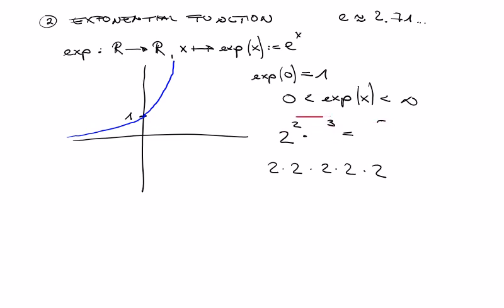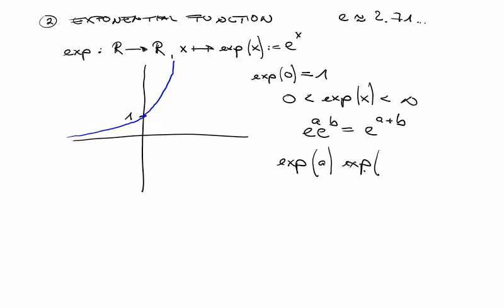And this logic also applies to the exponential function, which means that if you have, for example, e to the power of a times e to the power of b, this actually evaluates to e to the power of a plus b, and just rewritten in terms of the other way to write the exponential function, this of course corresponds to this, a plus b.